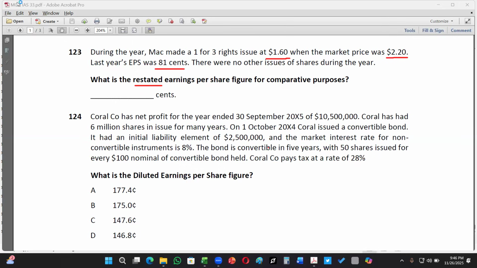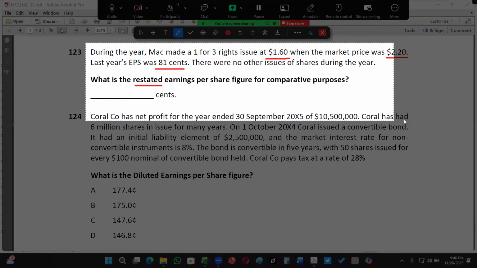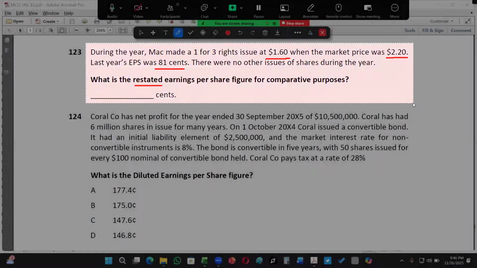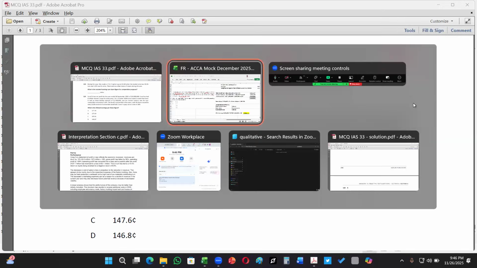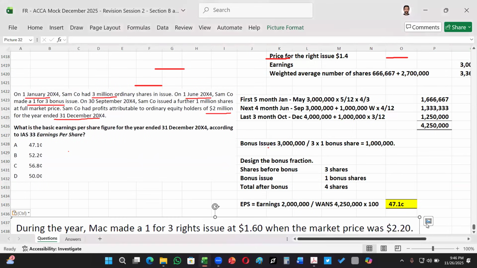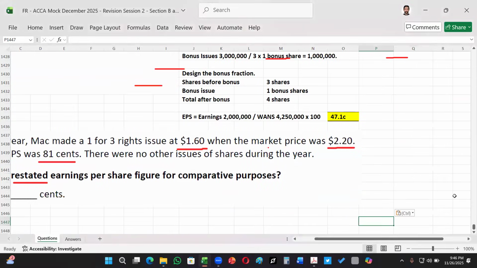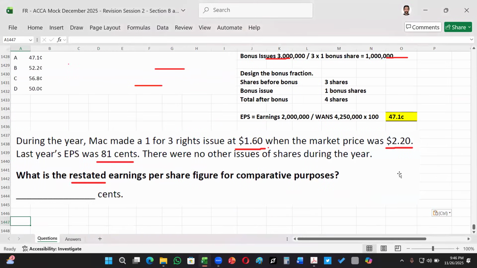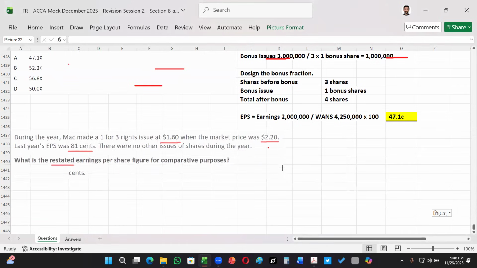Let's take this to the Excel sheet, and I will write whatever I'm speaking, and that is going to make things easier for you. Here we go. So this is the question. And we see what the situation is, and then we can understand it better.